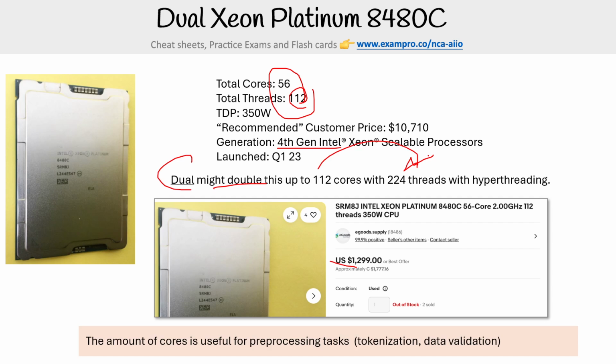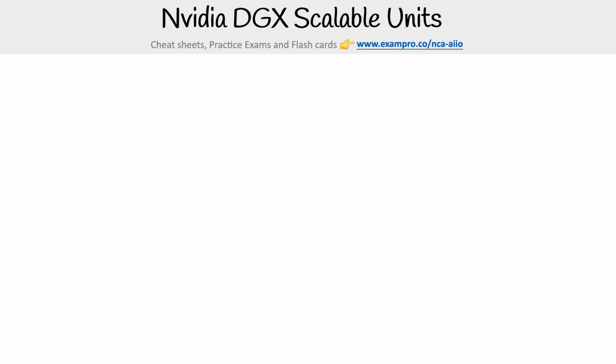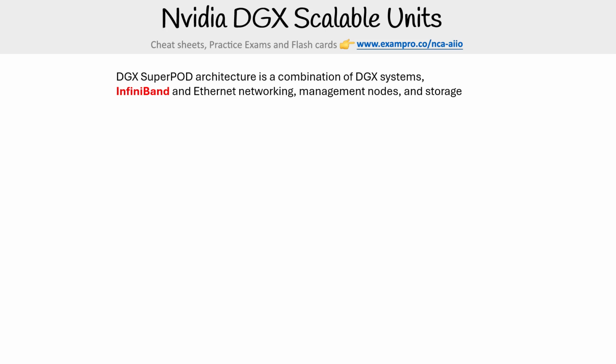We don't need as many cores, but we still need a certain amount of cores to do stuff. So just remember that number, okay? The 112 cores to 224 threads, and that these CPUs are still being utilized for the pre-processing tasks rather than the AI math itself.